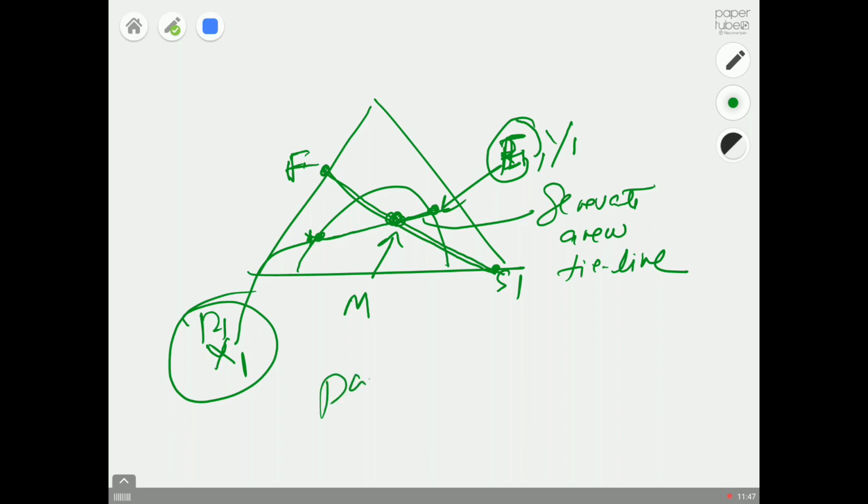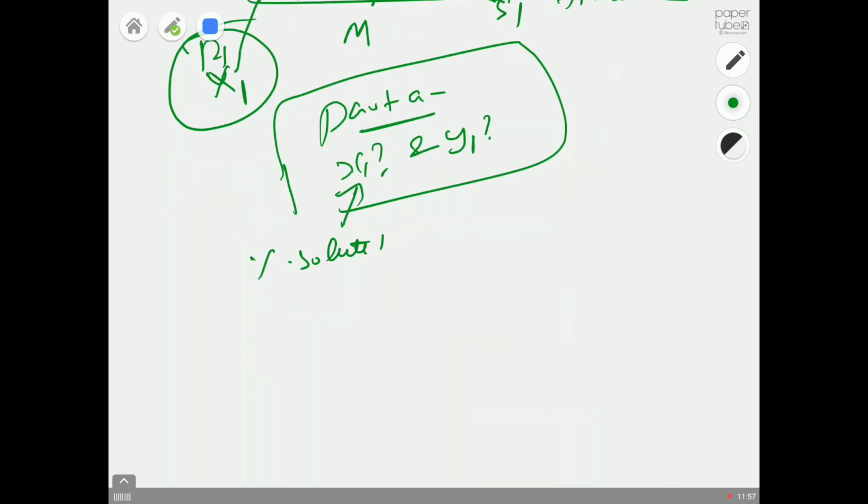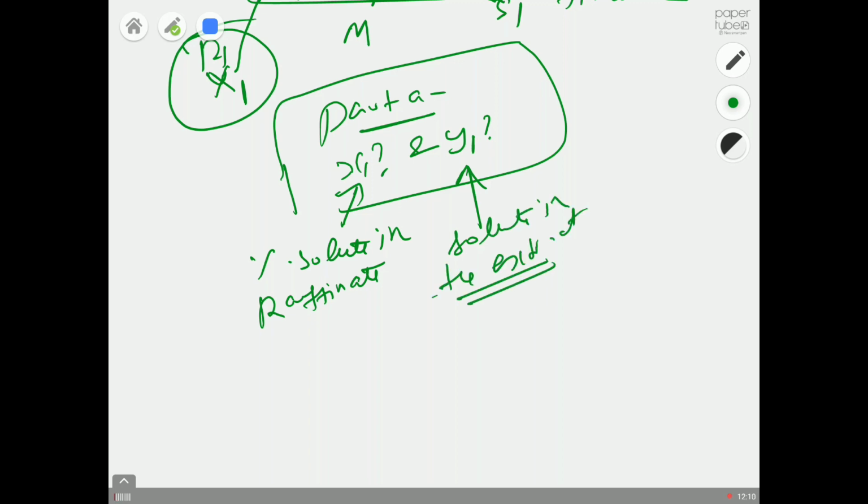That's part A. In part A I asked what x1 and y1 are: the percentage of solute in the raffinate, and the percentage of solute in the extract. What we are going to do now, instead of using a ternary diagram, is repeat the same procedure, nothing changed.